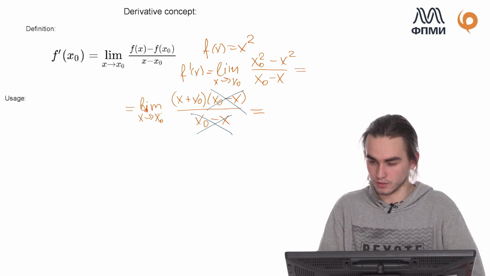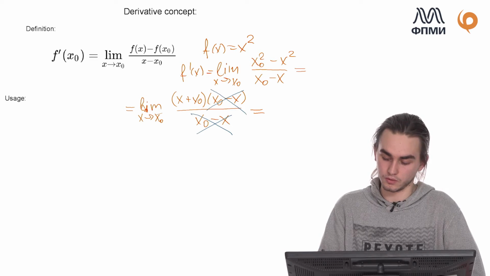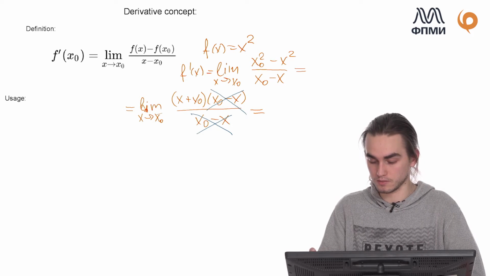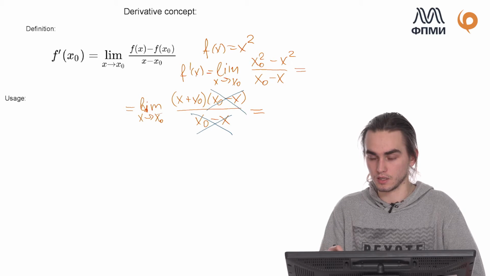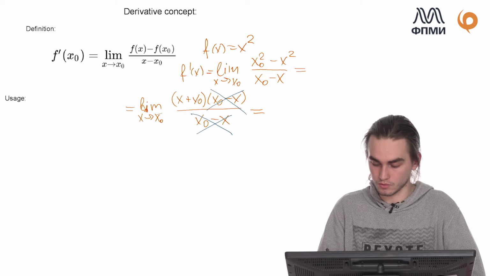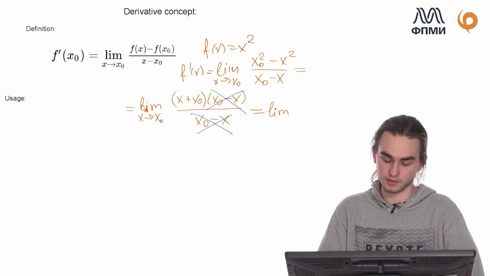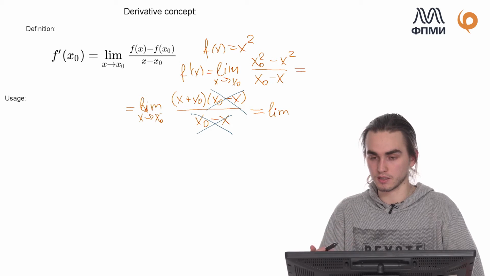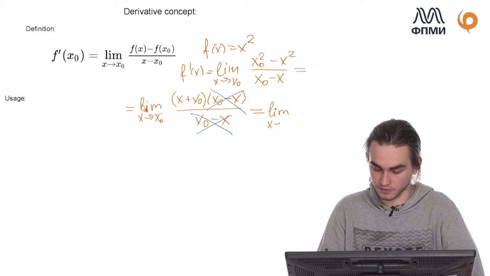I can tell you it's top secret, but you need to know it. The limit of a sum is the sum of limits, if the limits exist by themselves. So basically I can see that x and x sub 0 have limits that exist by themselves, so I can split them.